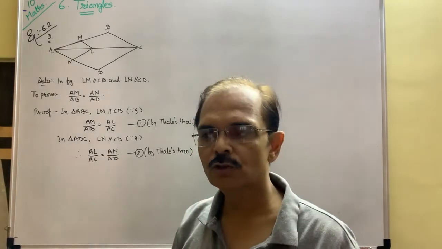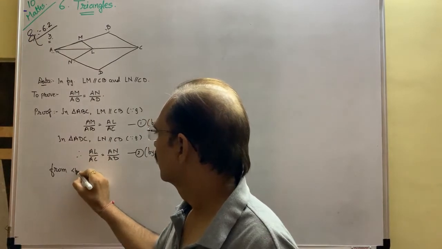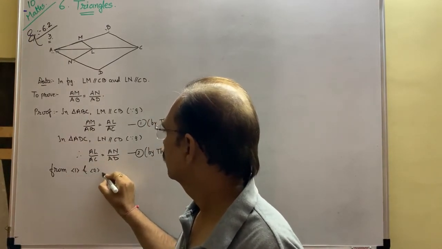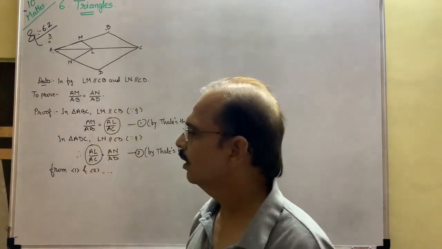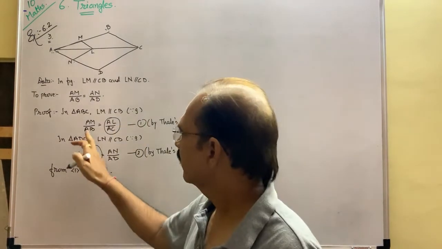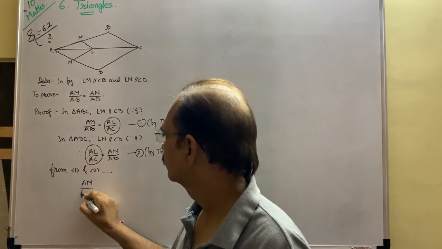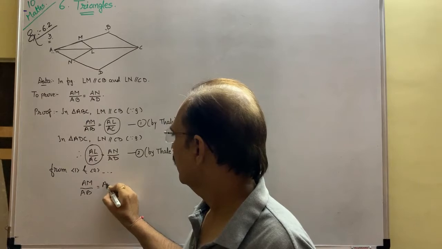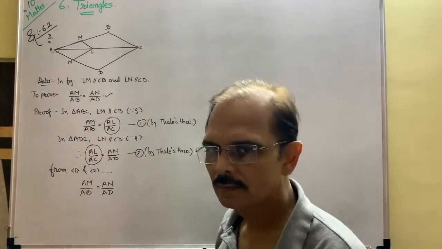So from 1 and 2, compare. AL upon AC here also AL upon AC. So I can write AM upon AB is equal to AN upon AD. Hence we proved it.